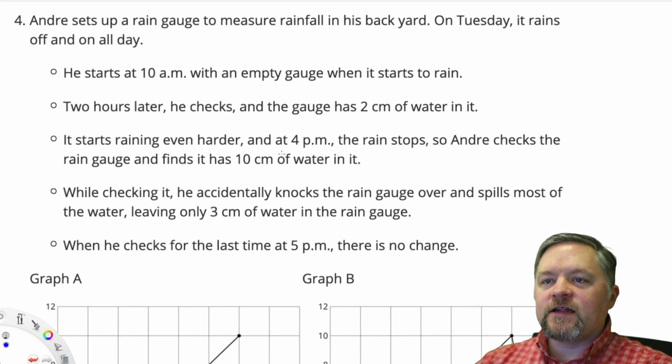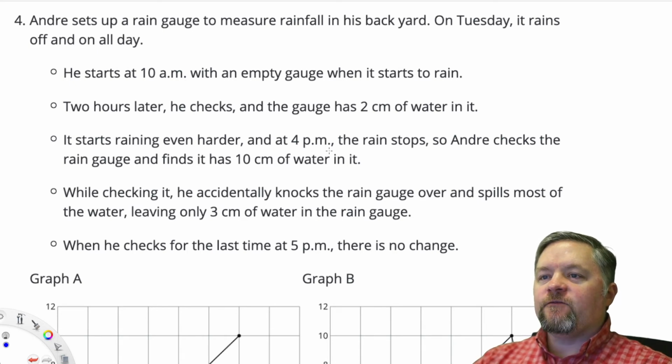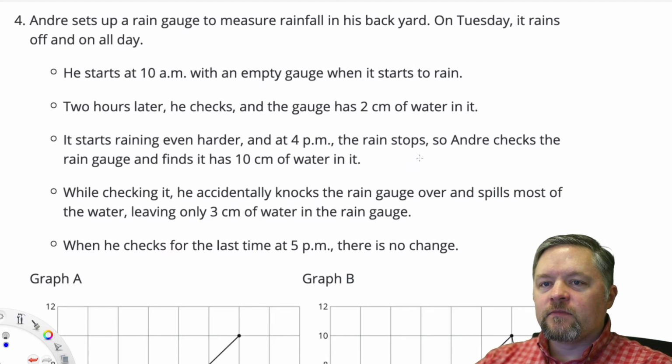It starts raining even harder, and at 4, the rain stops. So Andre checks the rain gauge to find it has 10 centimeters of water in it. While checking it, he accidentally knocks the rain gauge over and spills most of the water, leaving only 3 centimeters of water in the rain gauge. When he checks it for the last time at 5 p.m., there is no change.